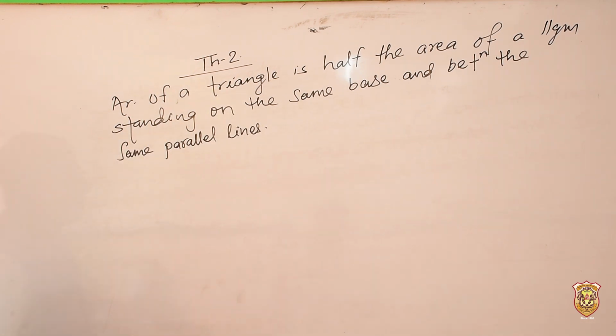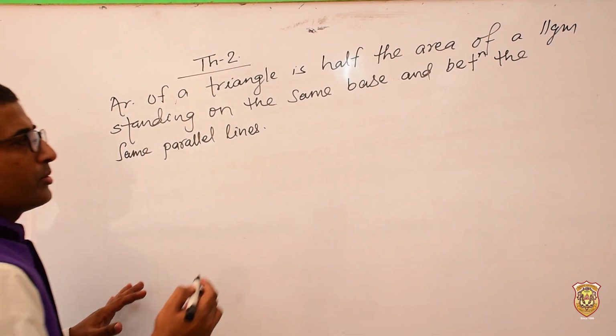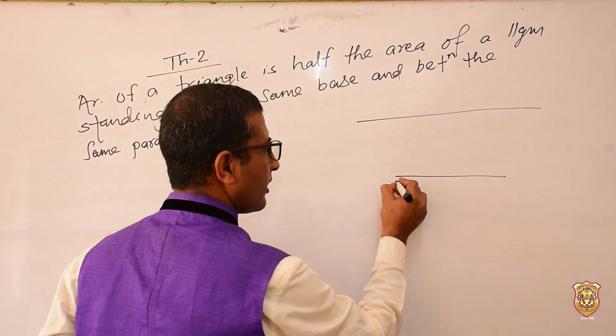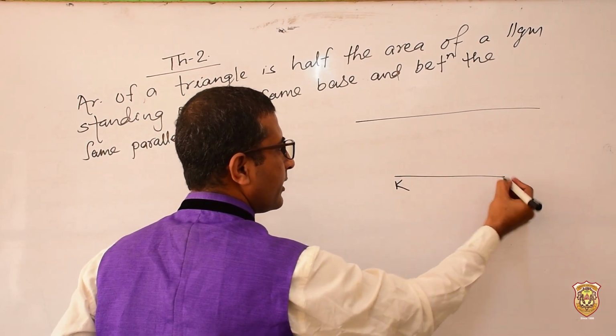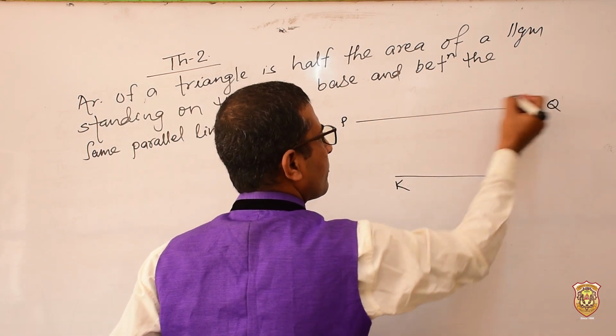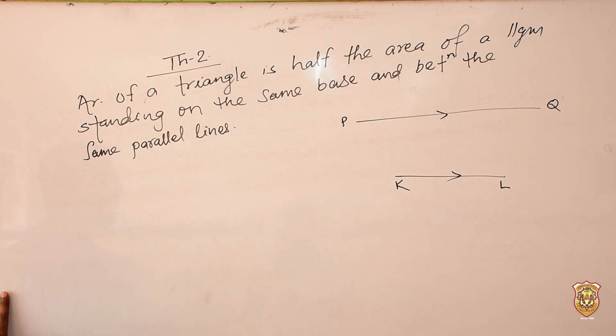In theorem 2, same as theorem first, we start the figure by first taking the base, naming the base, then the two parallel lines. Here the base is KL and the two parallel lines are KL and PQ.